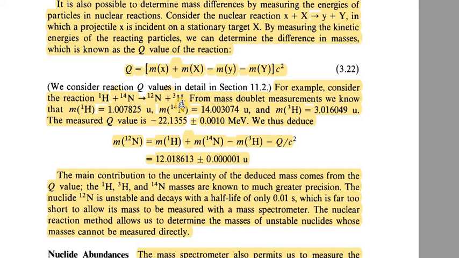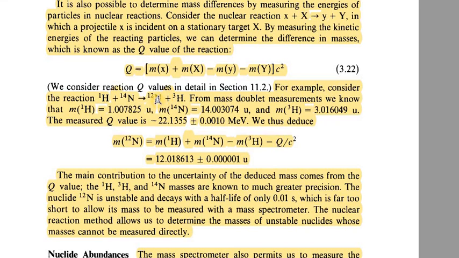From mass doublet measurements, we know that the mass of 1H is 1.007825 U, the mass of 14N is 14.003074 U, and the mass of 3H is 3.016049 U. The measured Q value, by substituting these values, is minus 22.1355 plus or minus 0.0010 MeV precision.